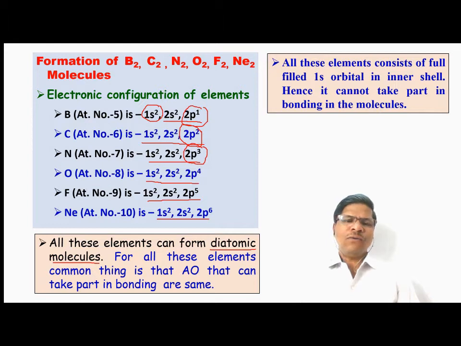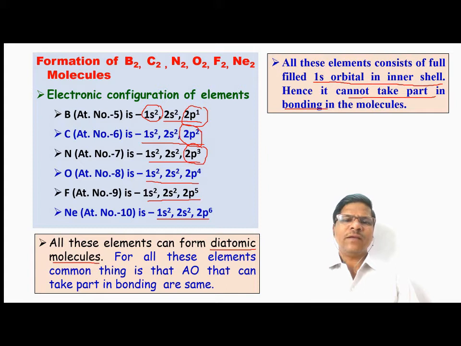We have the 1s atomic orbital in these elements, which is an inner atomic orbital. This inner atomic orbital is small in size. It is not oriented up to the periphery of the atom, and hence this 1s atomic orbital does not take part in the bonding.